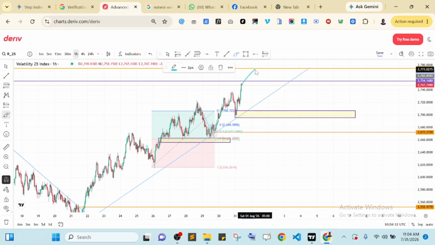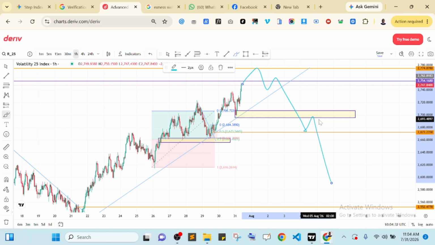So if this price comes to this level, right, and moves downward and breaks this level, I already know that this market has changed direction. This is a change of character. Then I will wait for retracement, then I will allow the market to push down. I will enter the market around this level.